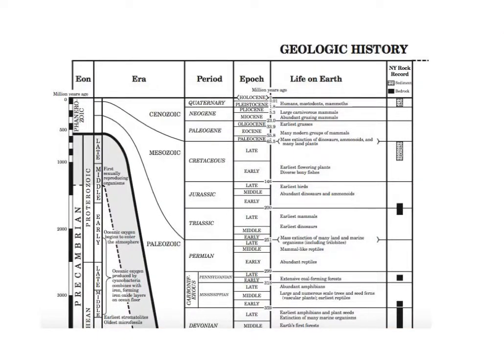So for example, the earliest dinosaur fossils are found in the Triassic period rocks. So if we look in the life on Earth and the time periods, we find Triassic. Here's Triassic. And under life on Earth, we can see that the earliest dinosaurs showed up in the middle to late Triassic time period.